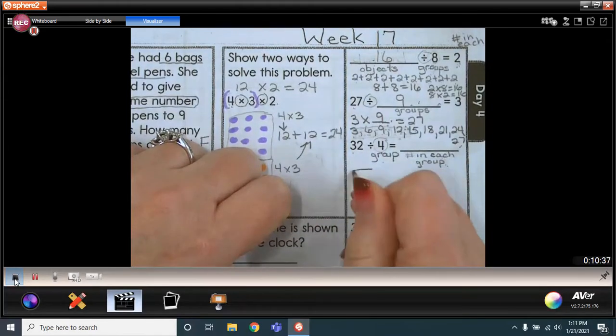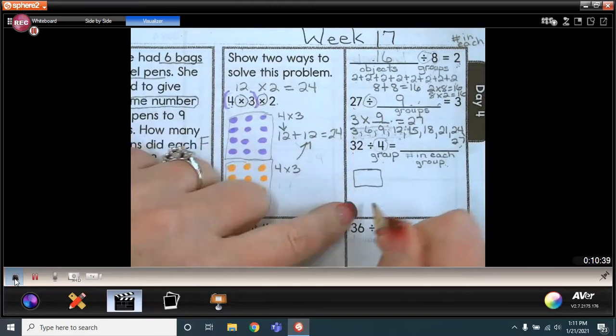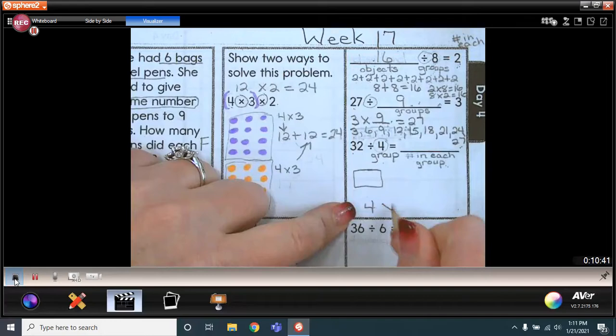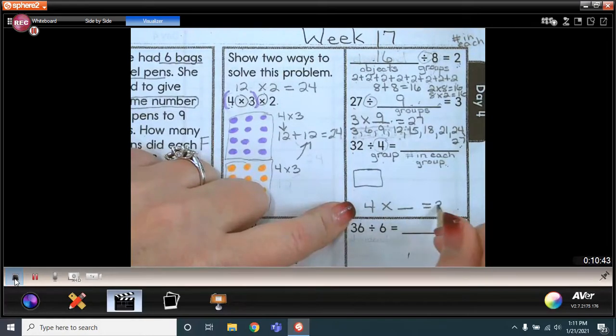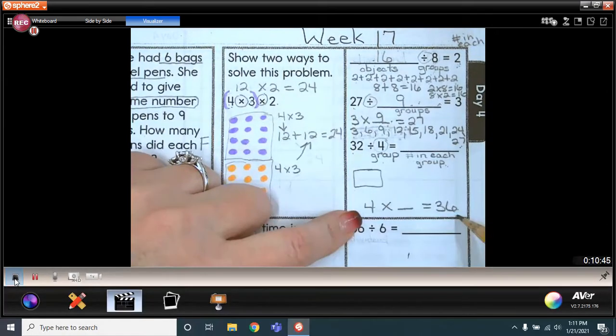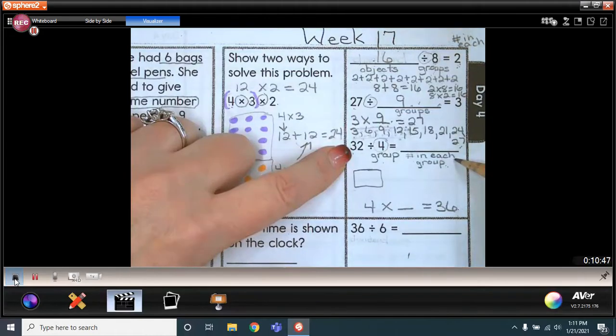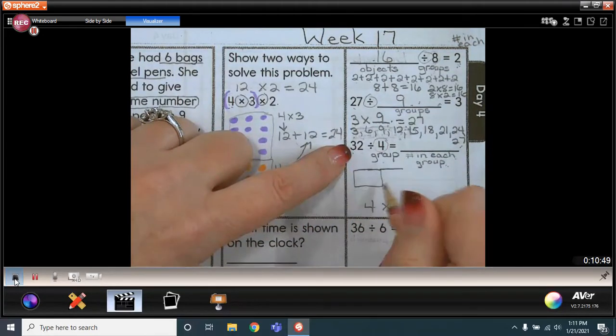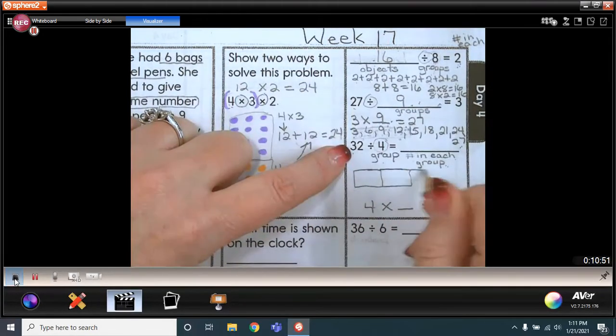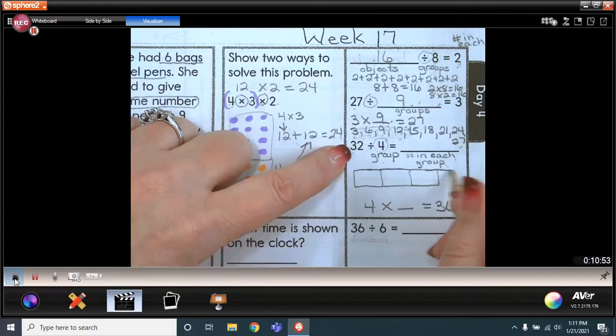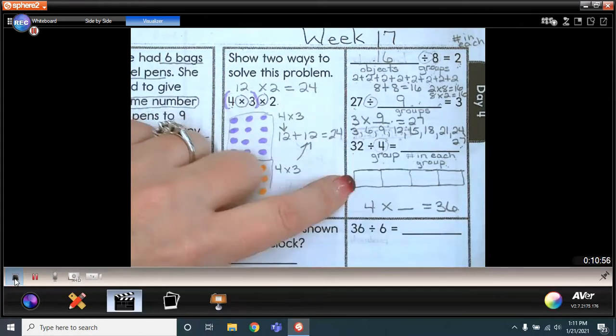So again, if I know my multiplication facts, I could use multiplication to help me with my division. But if I don't, I can use what I know about division and share those objects equally into the groups.